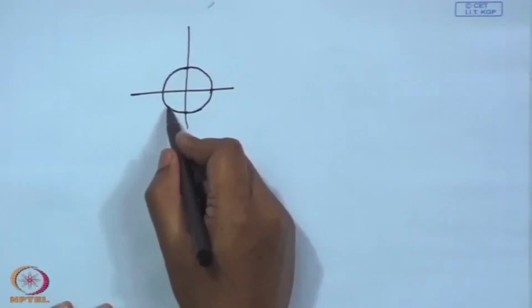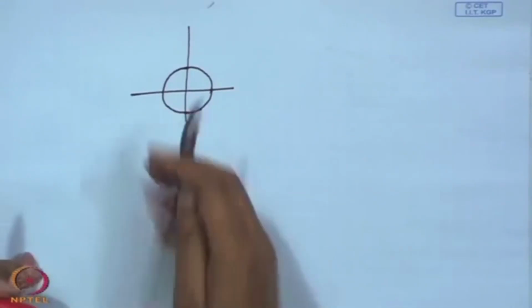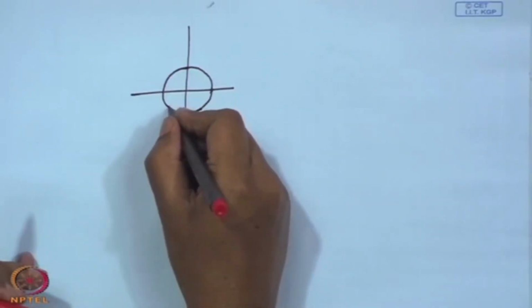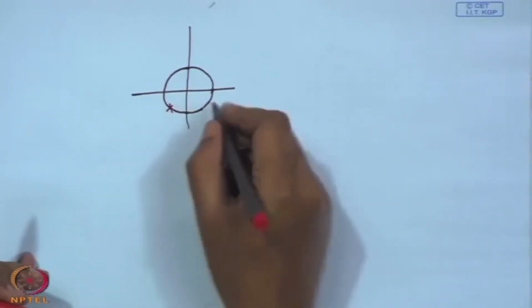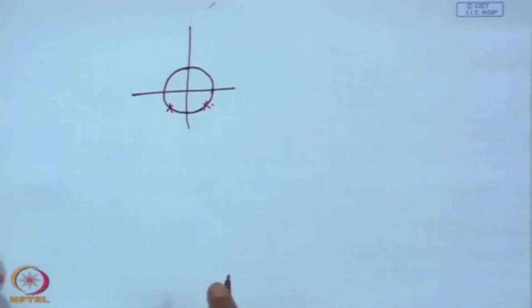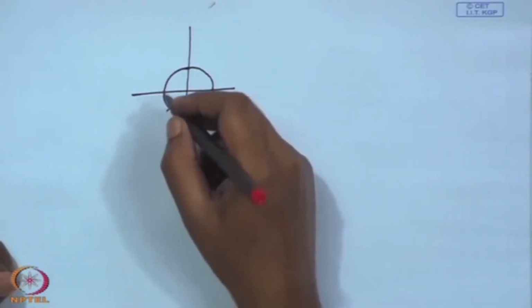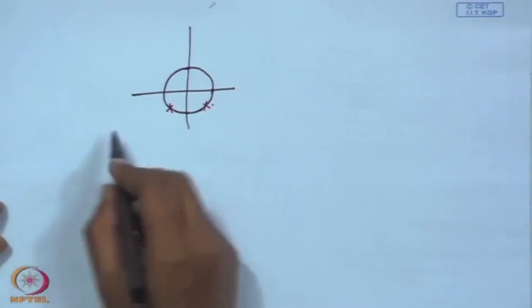So, there will be two stagnation points in the third and fourth quadrant. Okay. So, here let us take it, one is here, the other is let us say here. Okay. And the streamlines will be now this.